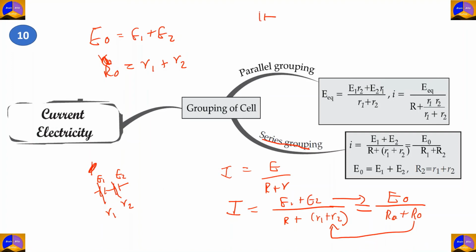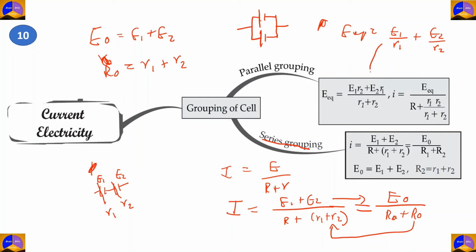What happens when both the batteries are in parallel? In this situation, we get the formula E equivalent is equal to E1 by r1 plus E2 by r2.